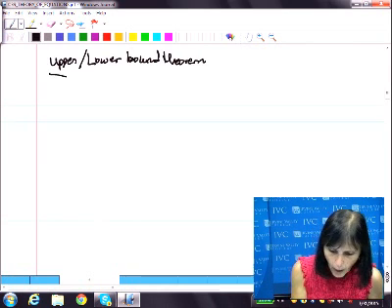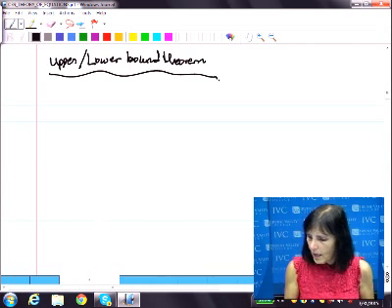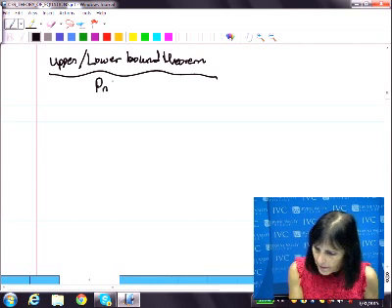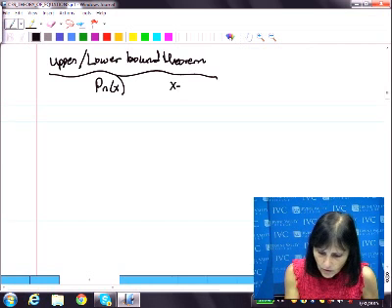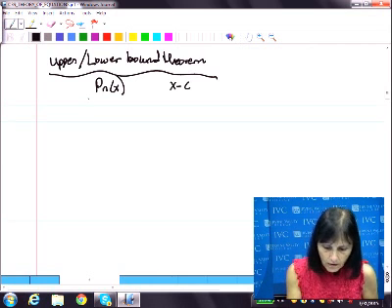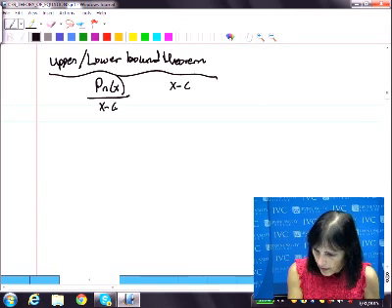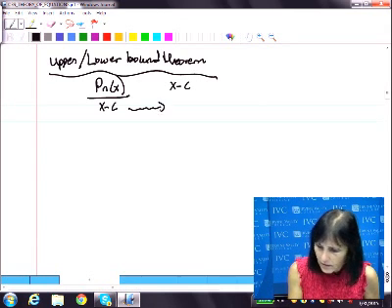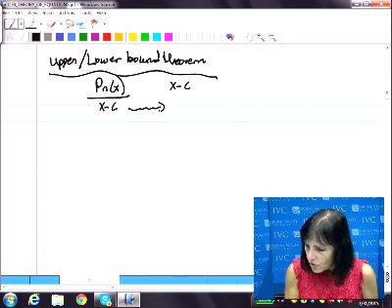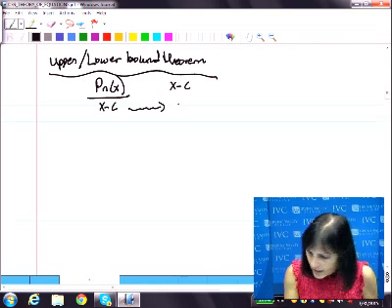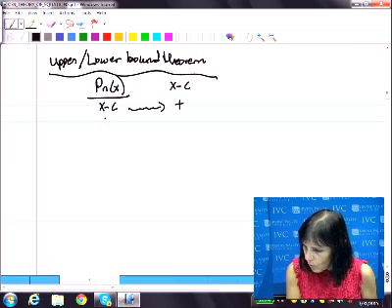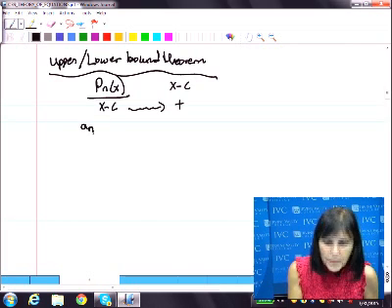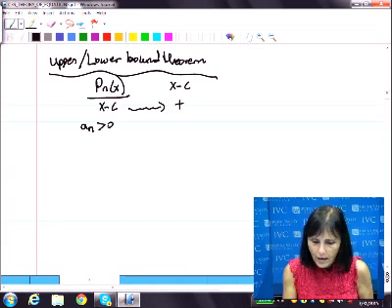This is how you find the upper and lower bounds for roots. You take your P_n, and you suspect that x minus c is a factor. Just simply divide it, do a synthetic division. For this to work, put your P_n of x so that your leading coefficient is positive.